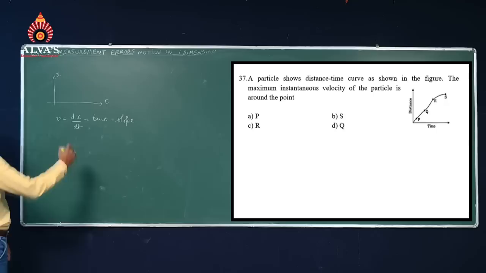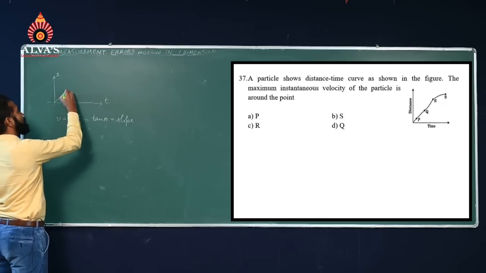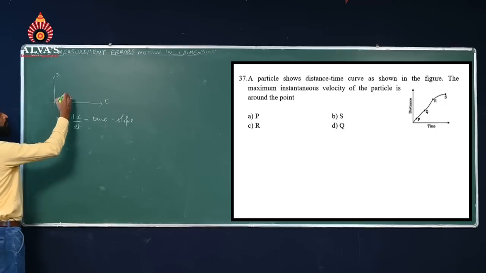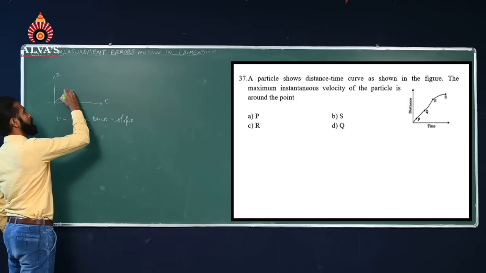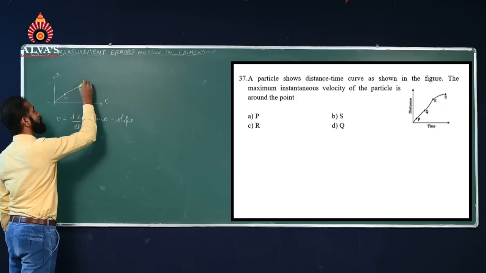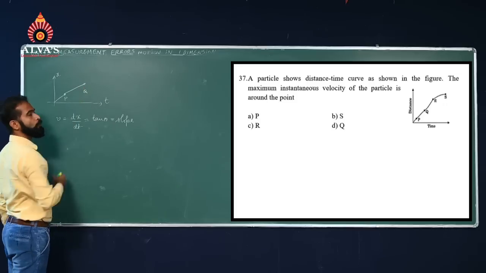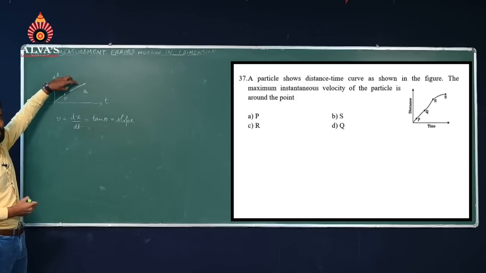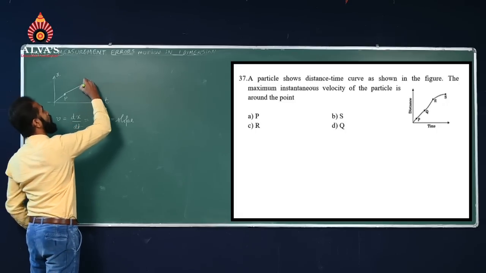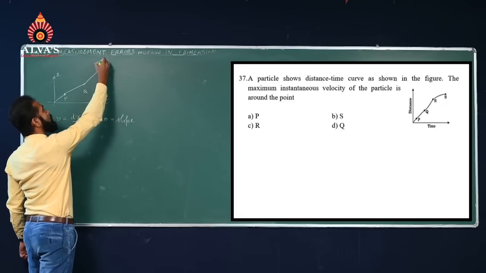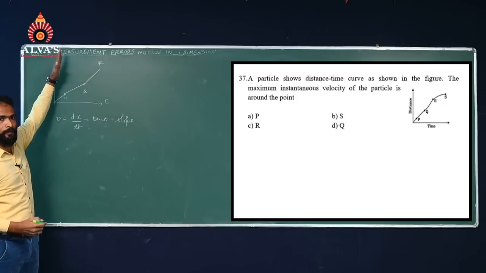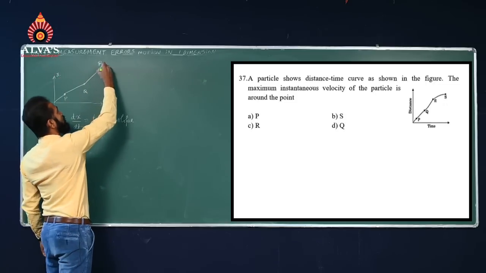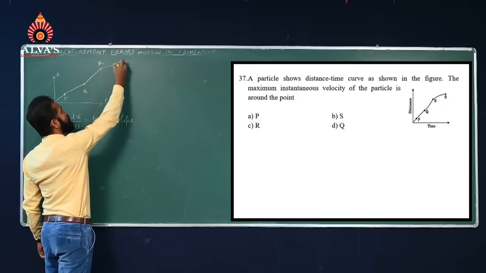So if you look at the part 0 to P, that's the first part, it has some slope. If you look at the next part, it is a little bit bent up to Q. So the slope of this part is less. Now if you look at from Q to R, it is more oriented towards the distance axis, and the last part is a curve.